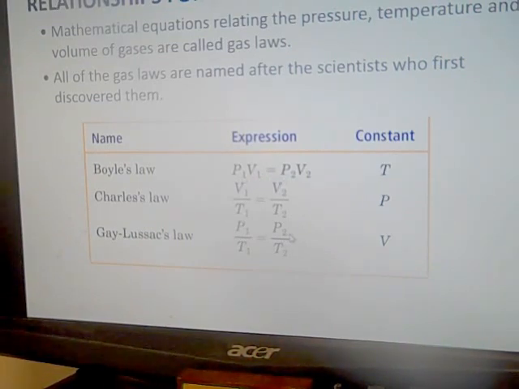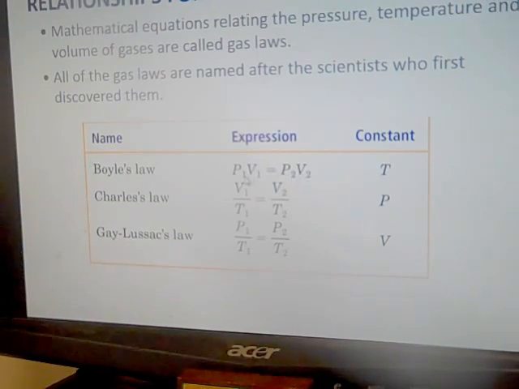Remember, we're talking about the pressure, volume, and temperature of one state, compared with another state. The subscript 1 here refers to an initial state, and subscript 2 refers to a final state.